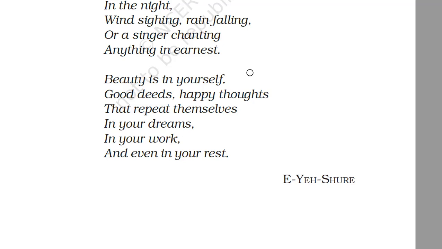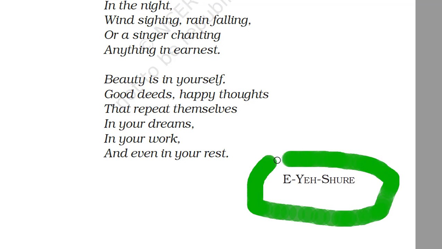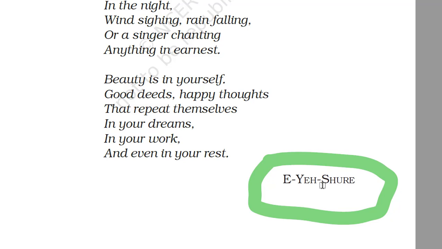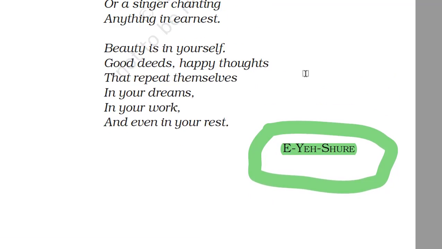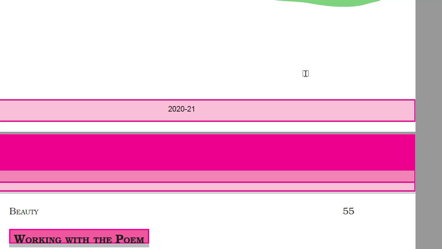Those are the things you should have as beauty. Not bad thinking and negative thinking. That is not a good beauty. Okay. So who wrote this poem? E. A. Shure wrote this poem. What poem? Beauty. Okay, I hope all of you understood this poem.